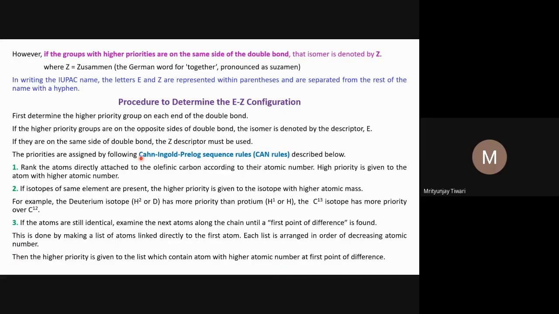In writing the IUPAC name, the letters E and Z are represented within parentheses. This is what I have said earlier. These notations E and Z are represented within parentheses in writing the IUPAC name of a compound with this isomerism, and are separated from the rest of the name with a hyphen.